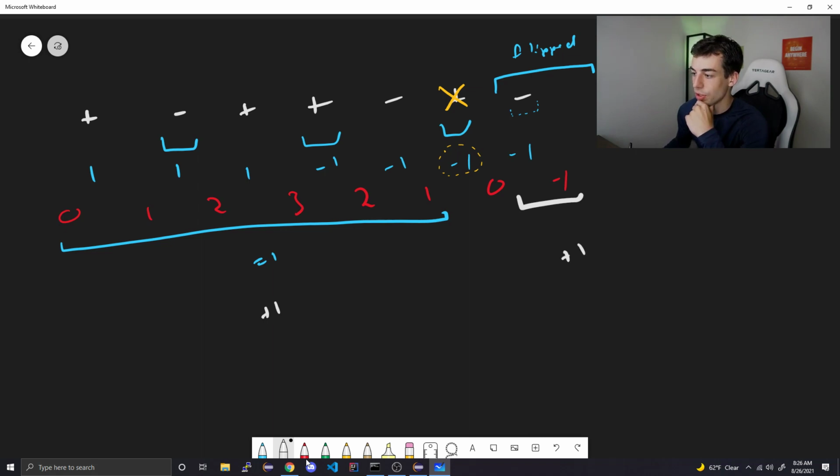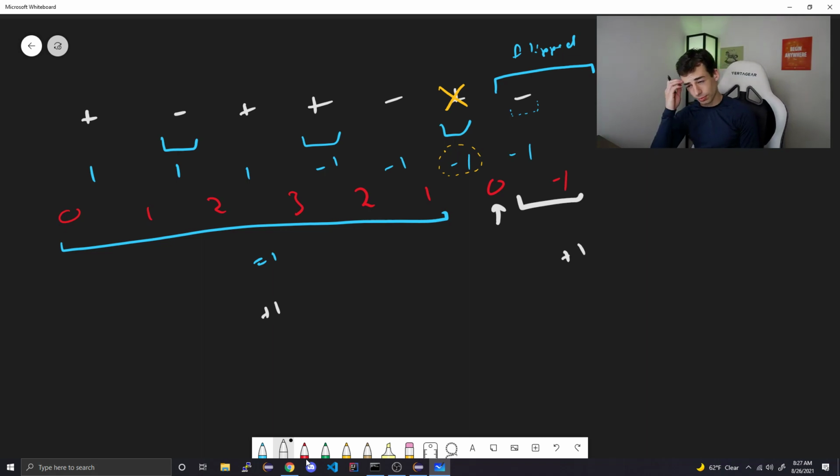We want this sum to be +1 as well. So we want to find a time where the prefix is half, right? So where the sum before you is equal to the sum after you. Yeah, so that's always possible.